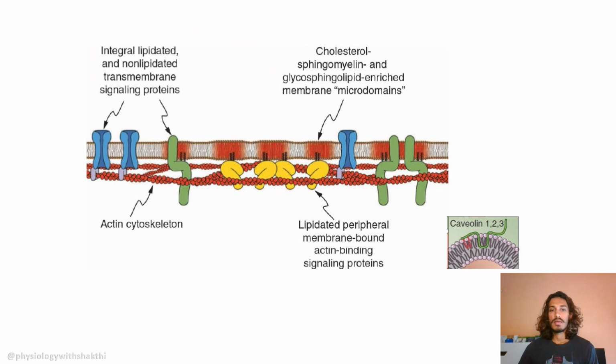Now, apart from that, we have the caveolin mediated mechanism. There are particular regions in your membrane which are lipid rich, called lipid rafts: cholesterol, sphingomyelin, glycosphingolipid enriched parts. That is where your caveolin is present.